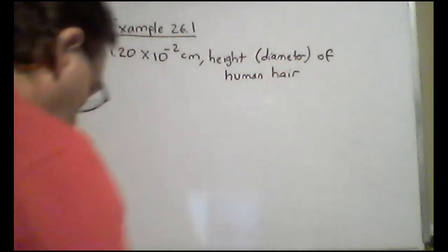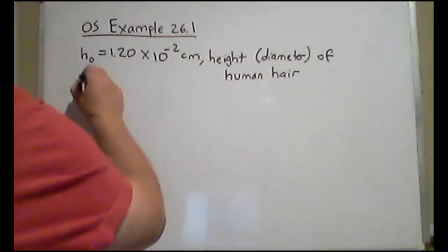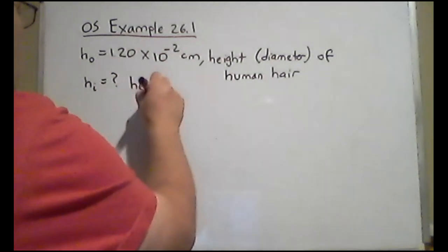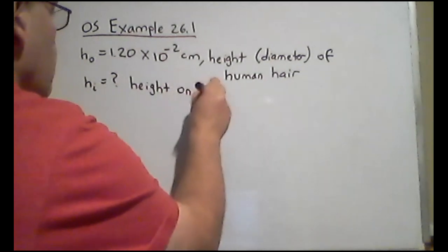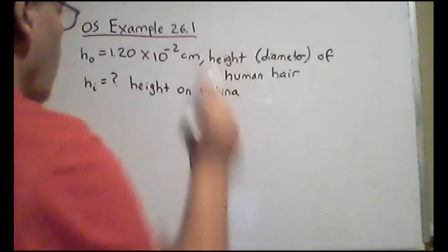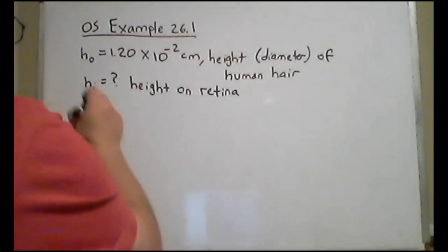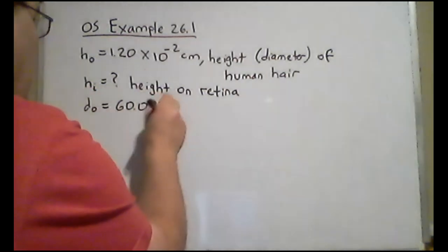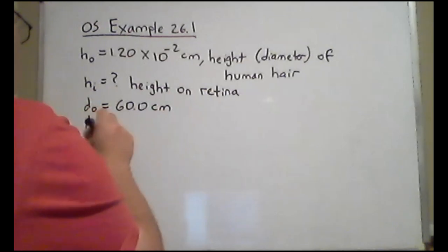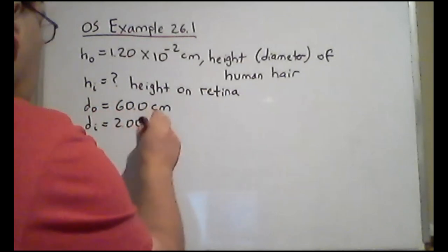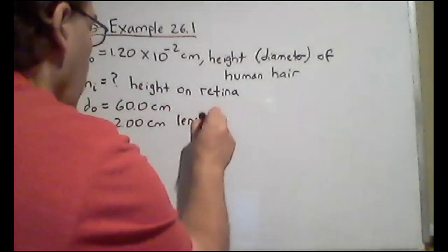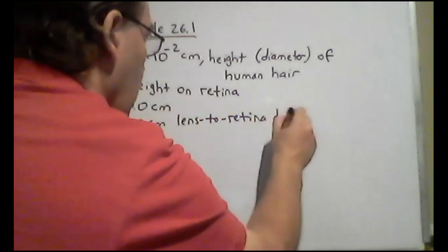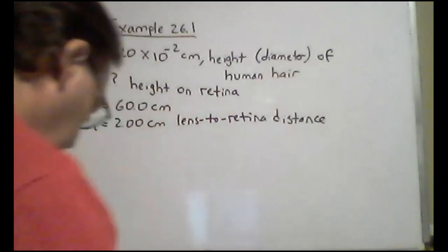We want to find h sub I, the height on the retina. d sub O is 60 centimeters away. d sub I, of course, is the lens to retina distance. All right, so that's all the information that we know.